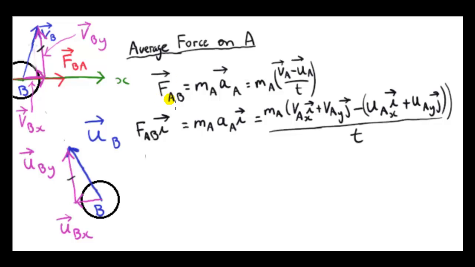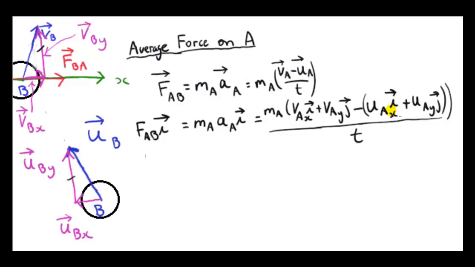So if the average force is entirely in the I or x direction, it's obvious that the average acceleration is going to be entirely in the x or I direction. So there's going to be no j component to the average acceleration. So we can write the acceleration of sphere A as A sub A times I, where this quantity here is a positive or negative number.